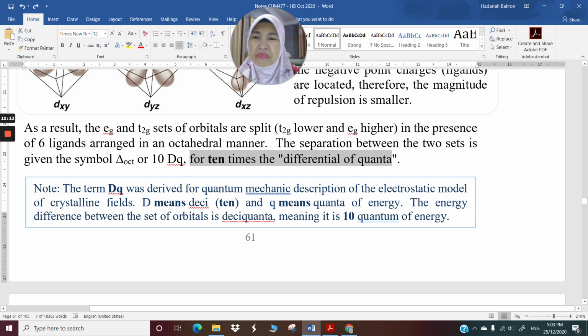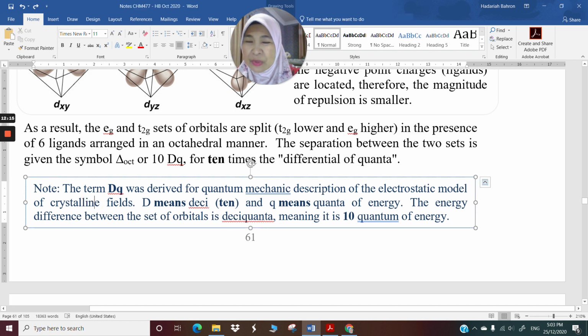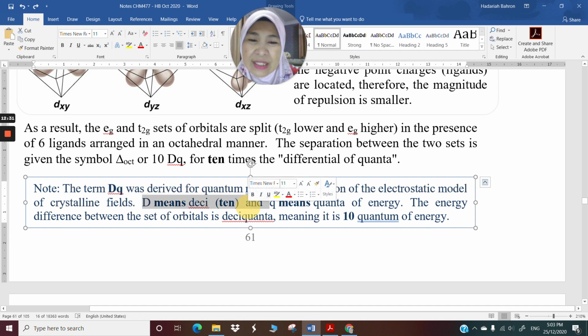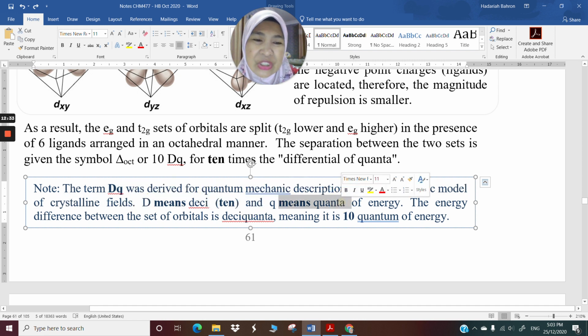This is an additional note, which is not in your copy. The term Dq was derived from quantum mechanic description of the electrostatic model of the crystalline field. D means deci for 10, Q means quanta of energy. So the energy difference between the T2G and the EG sets is deciquanta. It means 10 quantum of energy.